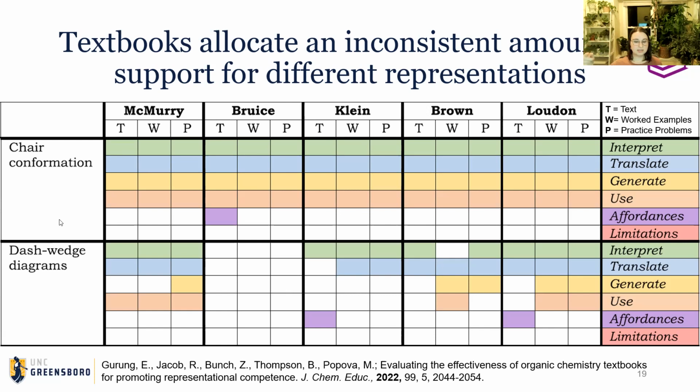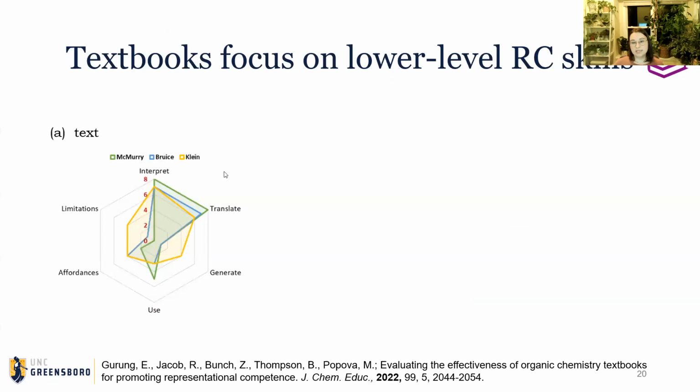Now let's look at the analysis where we focus on individual RC skills. So here we have a radar chart for just 3 textbooks to make things a little more simple. And this is for the text specifically, our analysis of the text in these 3 textbooks. How to interpret this radar chart?